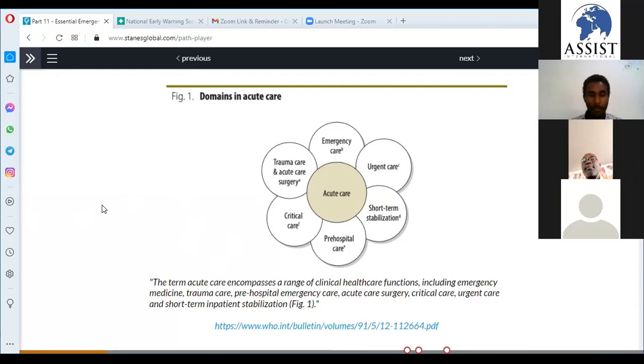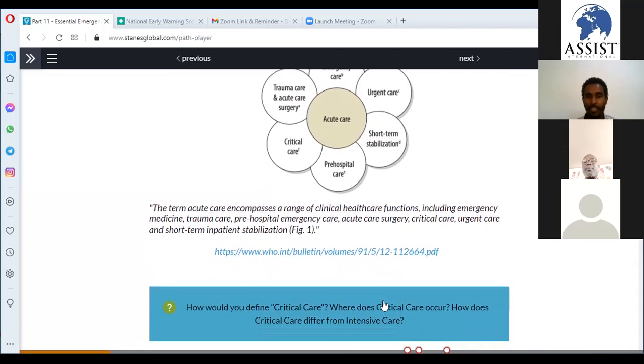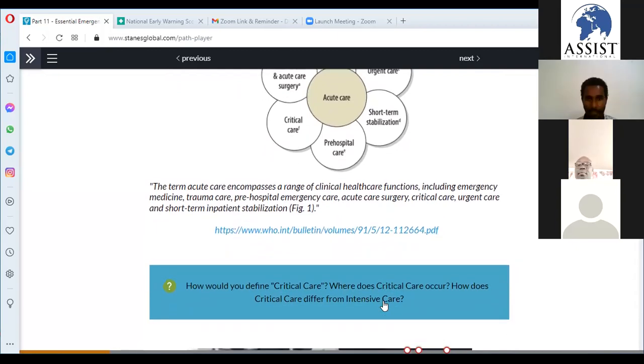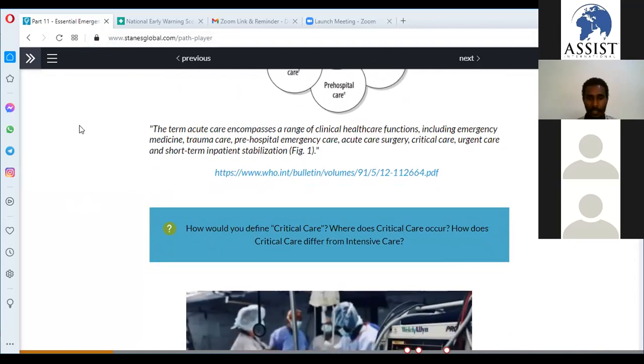The term acute care actually encompasses a range of clinical healthcare functions, or healthcare services, which include emergency medicine, trauma care, pre-hospital emergency care, acute care surgery, critical care, urgent care, and short-term inpatient stabilization areas. These are the domains where acute care is important. For further discussion, you can tap the link here and you can see the details in each unit.